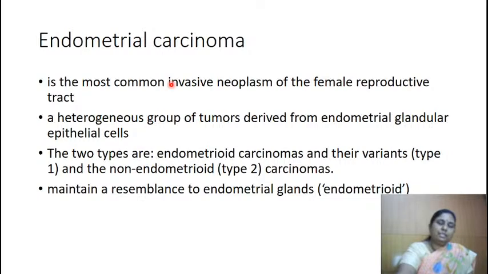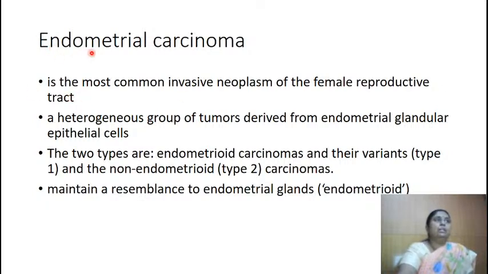It is the same case even with your uterus. Leiomyoma is the most common thing. But when we take invasive neoplasms, what do you mean by invasive neoplasms? That means the malignancies. What malignancies? So endometrial carcinoma is the most common malignant tumor of the female reproductive tract.